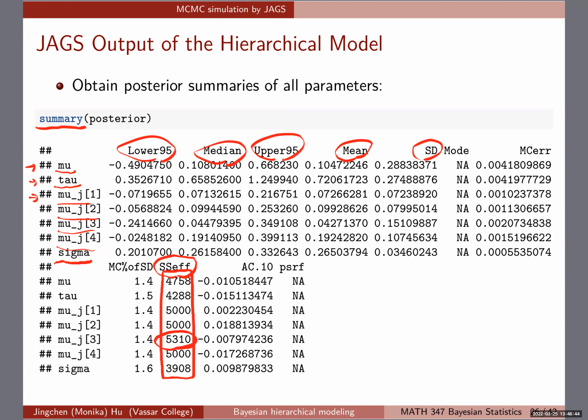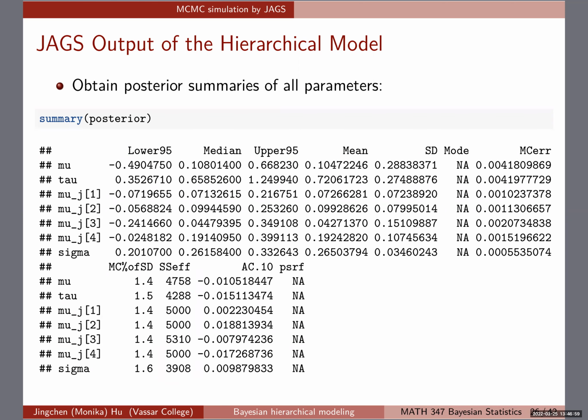But nevertheless, this is the important column to check to make sure that you have relatively independent posterior draws before you start to summarize the outcomes. Make sense?